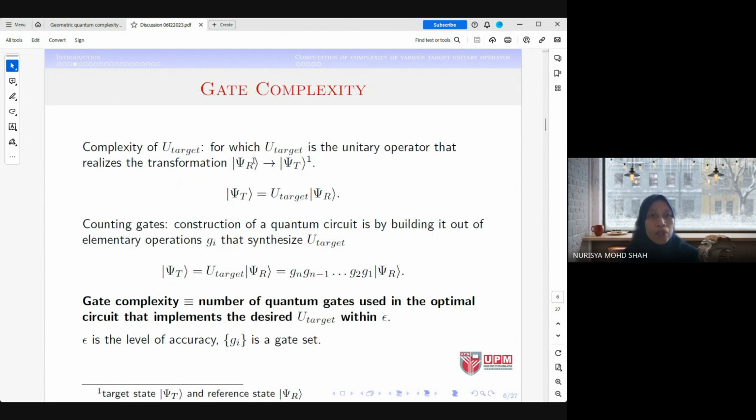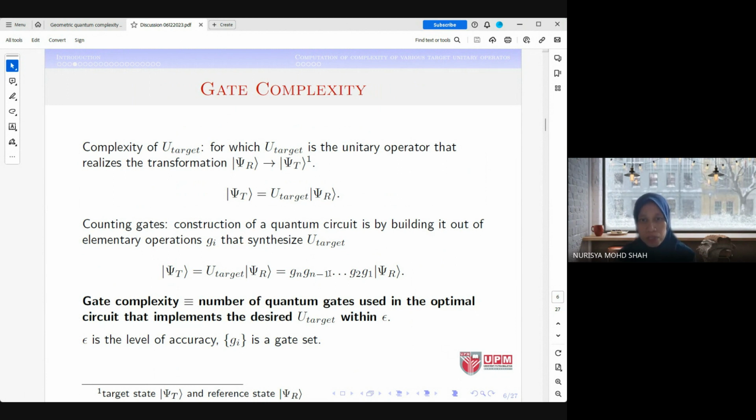So we have the following equations where you have the target state and reference state, and you have this unitary target operator. U target is the unitary operator that realizes this transformation. How about counting gates? This is a construction of a quantum circuit by building it out of elementary operations that synthesize the unitary gate.